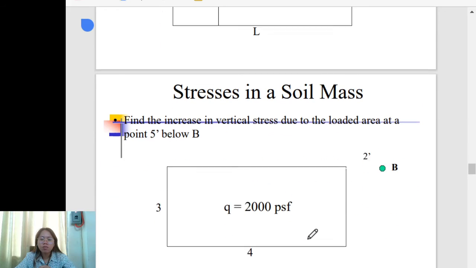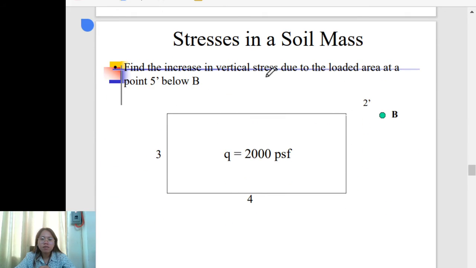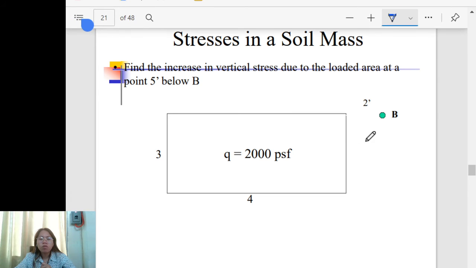We have here an example. Find the increase in vertical stress due to the loaded area at a point 5 feet below P. So, we have here a footing and this small q.